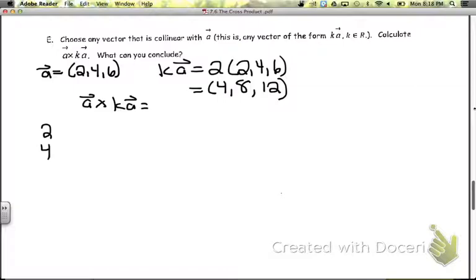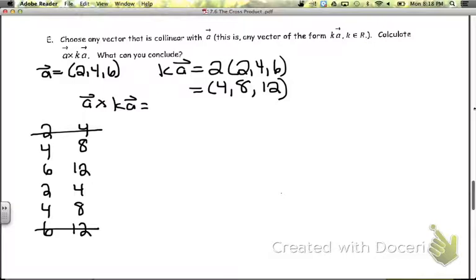So we have 2, 4, 6, 2, 4, 6, and 4, 8, 12, 4, 8, 12. What we can do here is cross out the top and cross out the bottom. So next step is to actually perform the cross product.